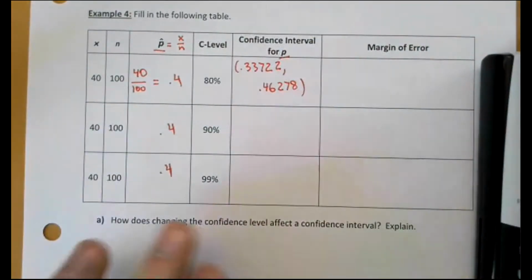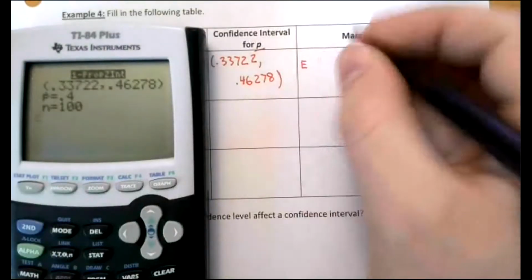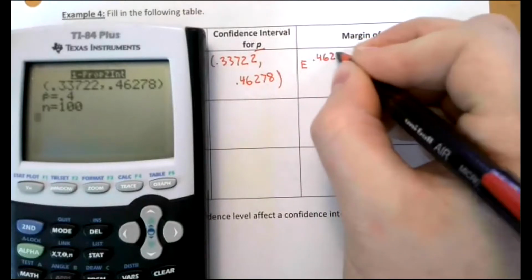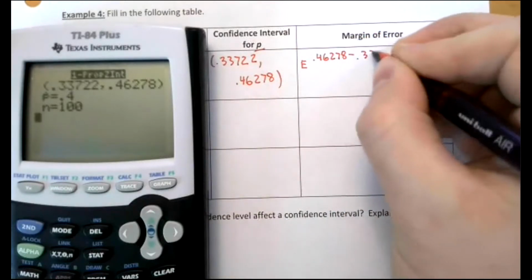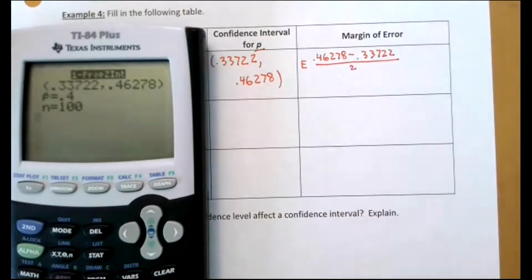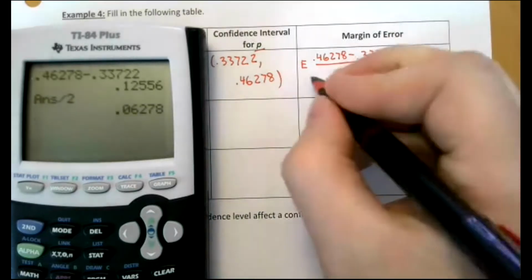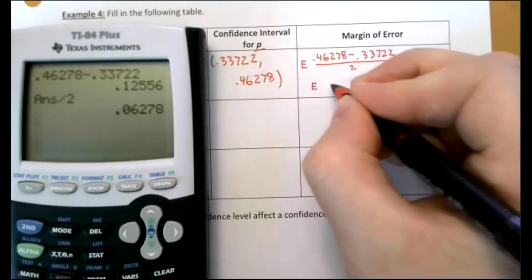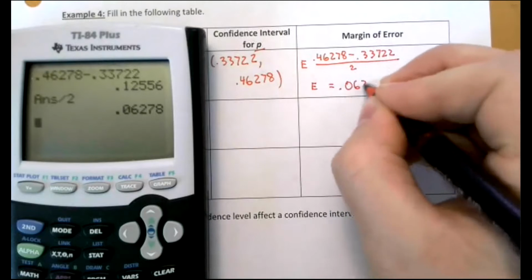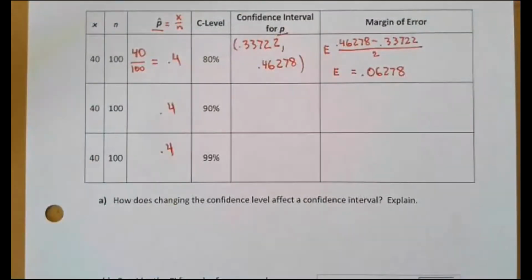That's the confidence interval. If I want the margin of error, I do the exact same thing I did in the last problem. Take the upper limit, subtract from it the lower limit, and divide by 2. And I get that my margin of error is equal to 0.06278.